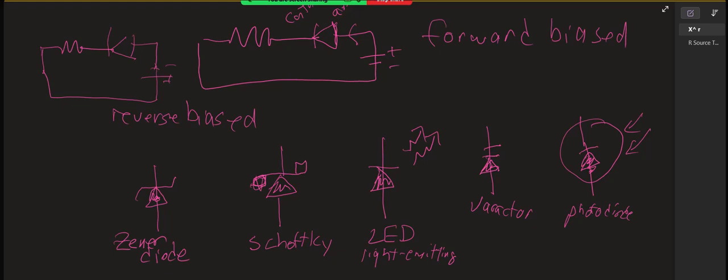Rather than defining each type of diode, I thought that might be quicker. How many of you are in circuits 2? How many of you are not? Okay, I'll send it out to the circuits 2 email list, with a description of each one of the diodes, rather than my going through all of them.